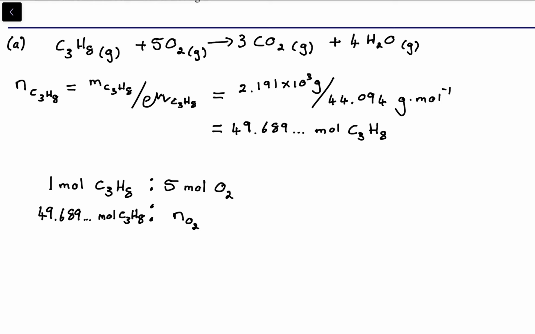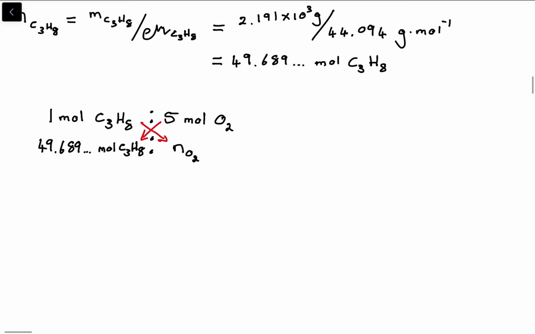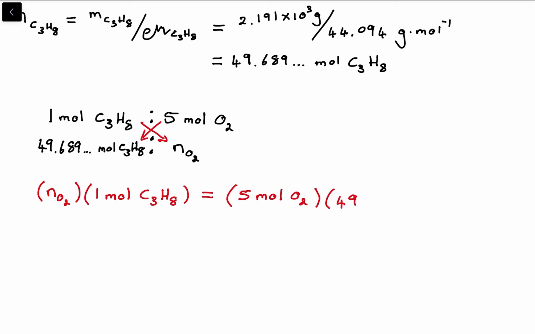So what we do is we cross multiply. You multiply that value to there, you multiply that value to there, and that will give you an expression. So for now, on the left-hand side, you will see it is nO2 multiplied by 1 mole C3H8, is equal to 5 mole O2 multiplied by 49.689 mole propane.